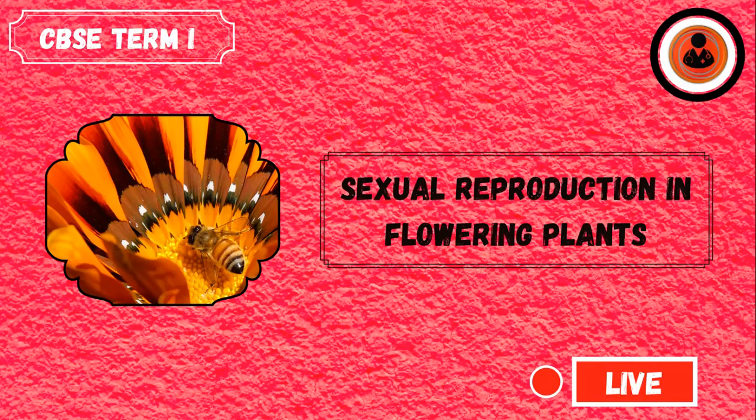So just get into the session. Today we'll have the very first unit, the reproduction unit, and the very first chapter, that is sexual reproduction in flowering plants. Not only for the CBSE Term 1, the same session will be useful for the NEET 2022 aspirants as well. So let's get into today's class.